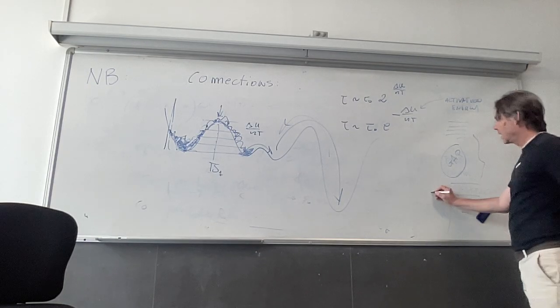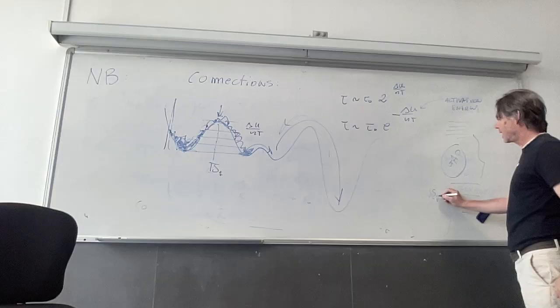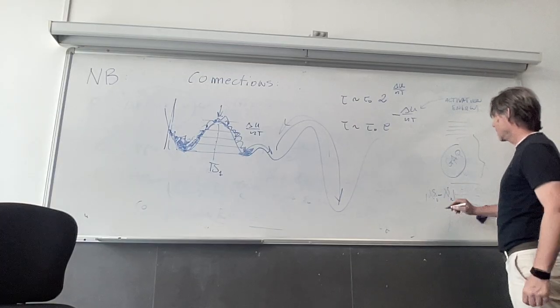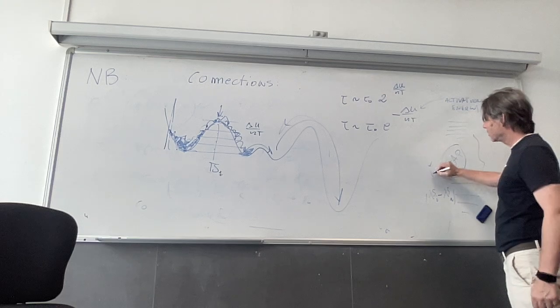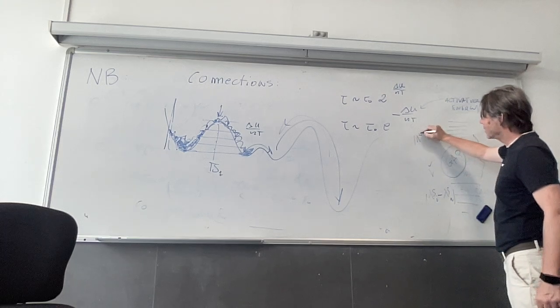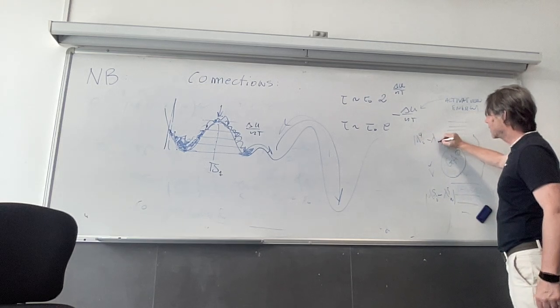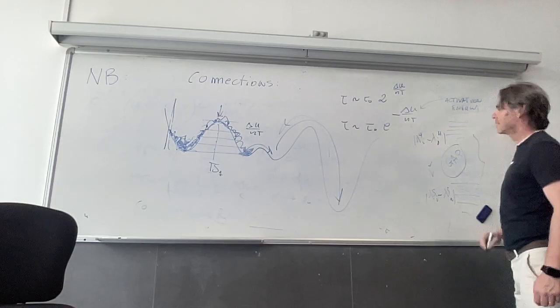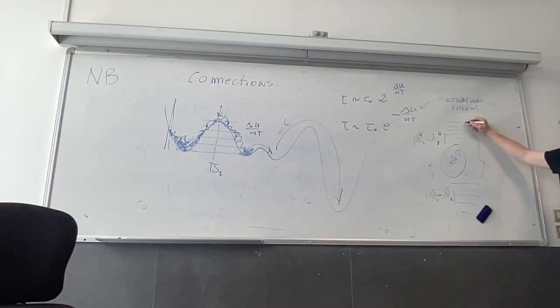In other words, the modulus of lambda soft i minus lambda soft k is much smaller than lambda hard i minus lambda hard j.